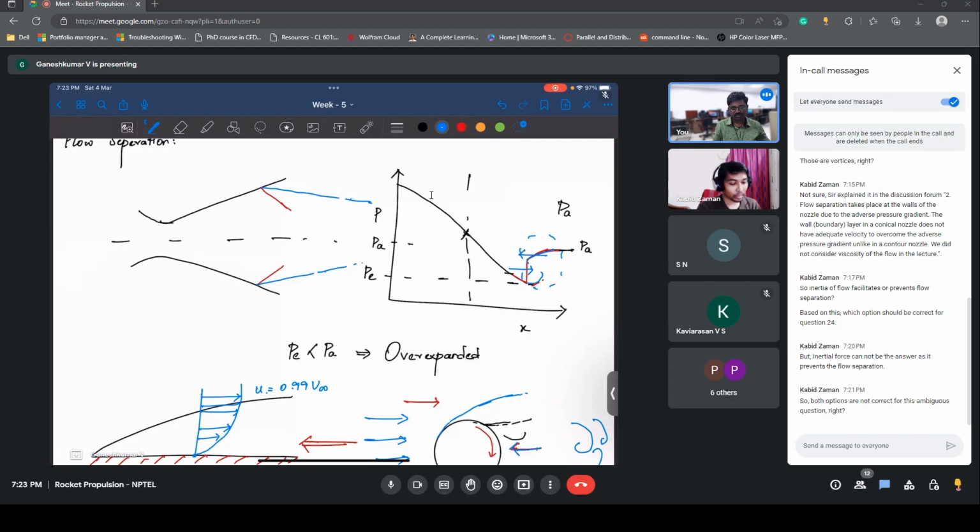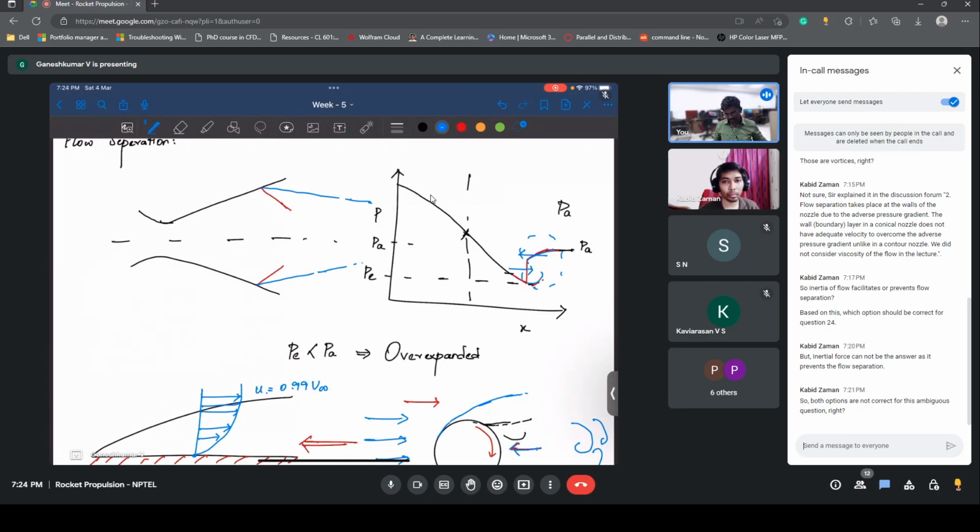What does the question say? Flow separation takes place at nozzle exit pressure much lower than the ambient pressure due to inertia forces.